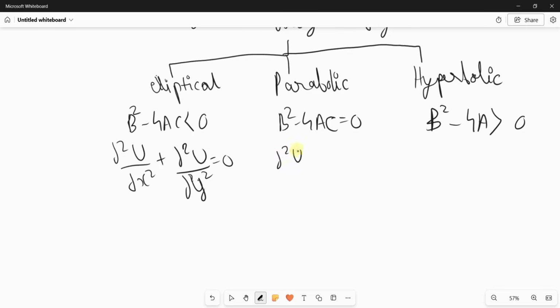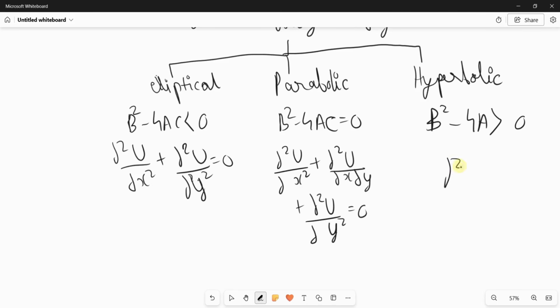Here you have ∂²u/∂x² plus ∂²u/∂x∂y plus ∂²u/∂y² equals 0. And here you have ∂²u/∂x∂y equals 0.